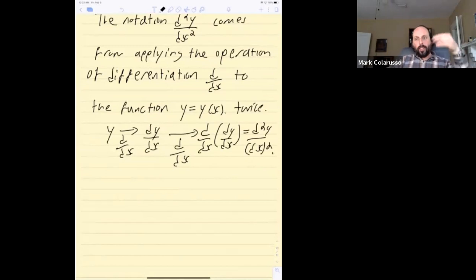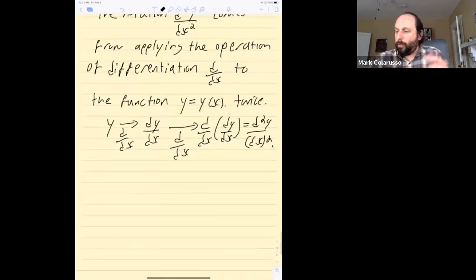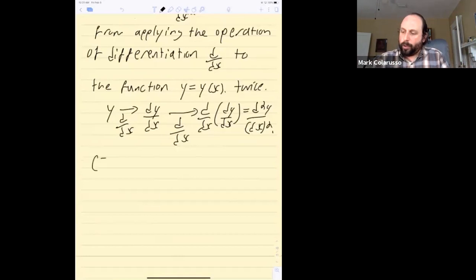You think of it as applying the operation of differentiation twice, the operation being encoded as d dx, the take the derivative with respect to x operator. And for the third derivative, you would go one more time: you take the second derivative, apply d dx, and you get this.